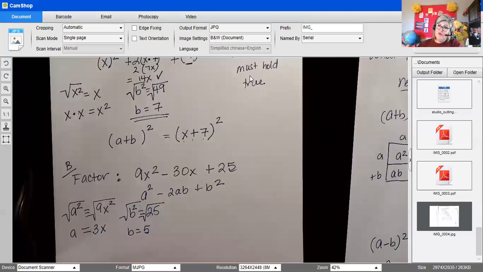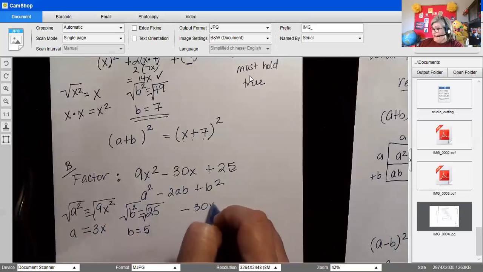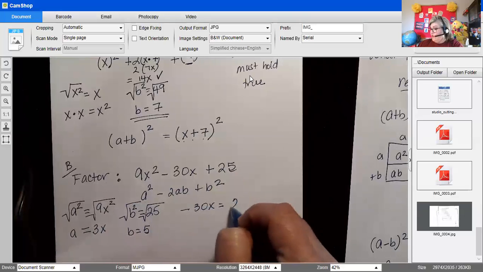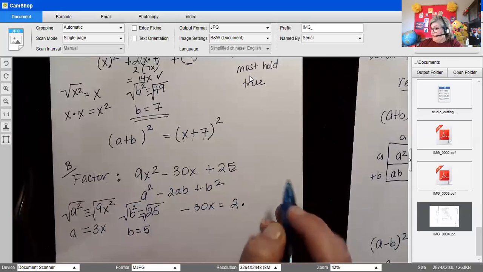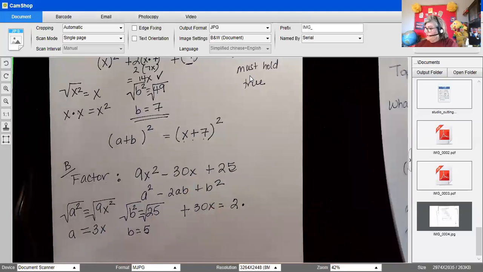So now we can check to see if negative 30x is equal to 2. I'm sorry, leave the sign off for now. We'll deal with that in a minute.